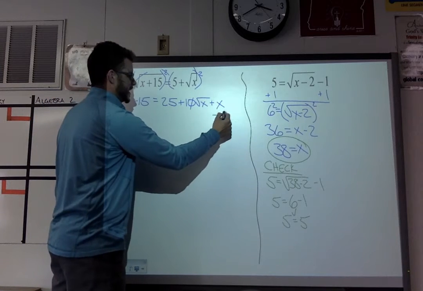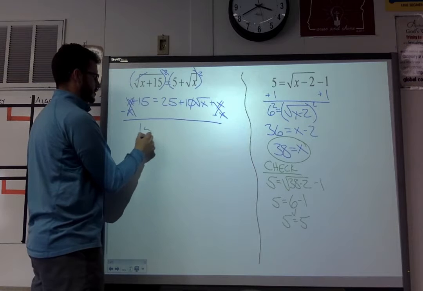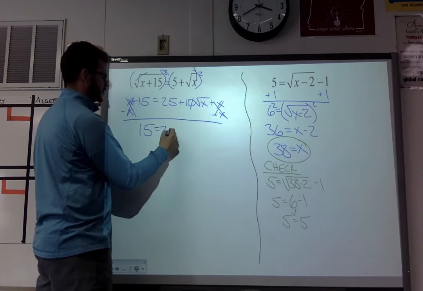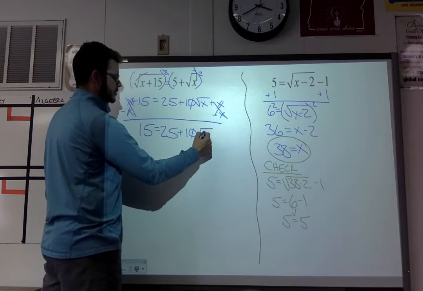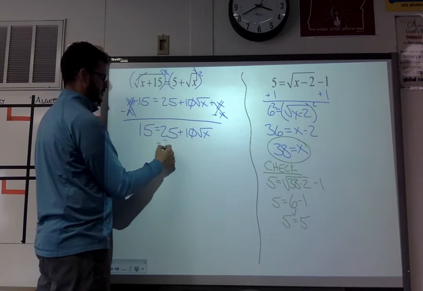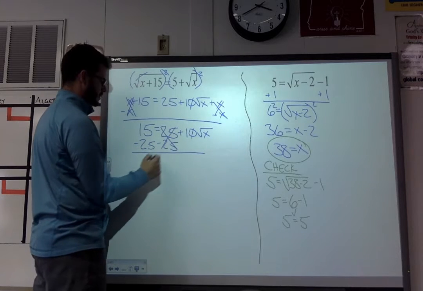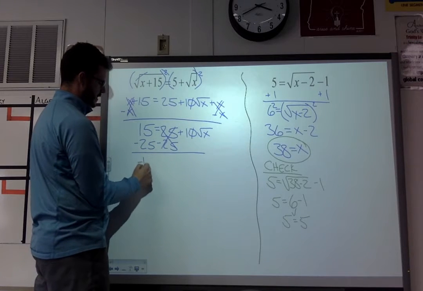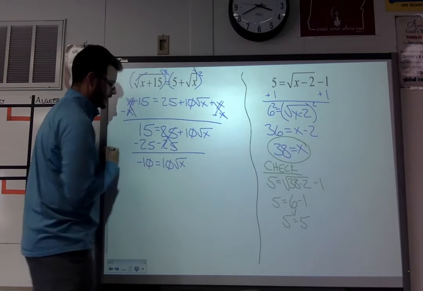Now again, if we subtract x from both sides, those cancel. 15 equals 25 plus 10 root x. Subtract 25 from both sides. So negative 10 equals 10 root x.